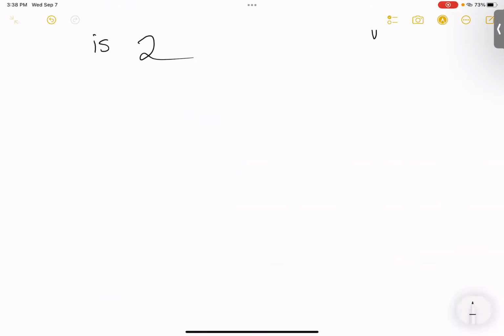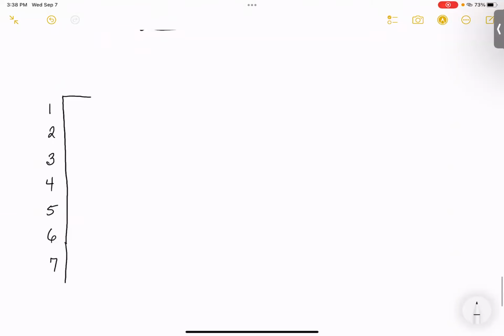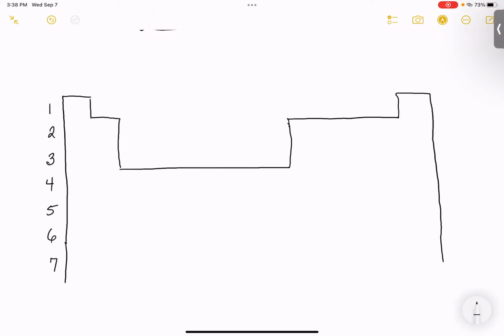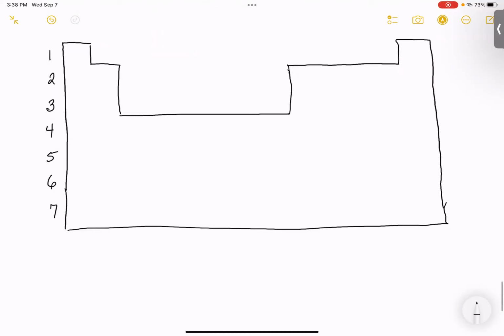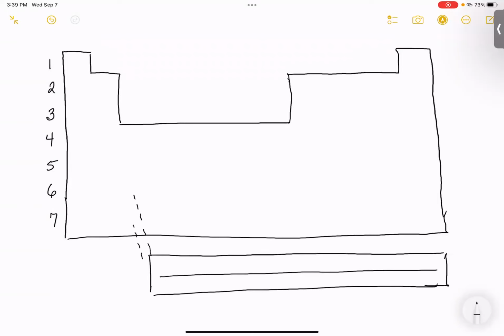So let me do a quick jot of the periodic table real quick. Okay, so there's our periodic table.